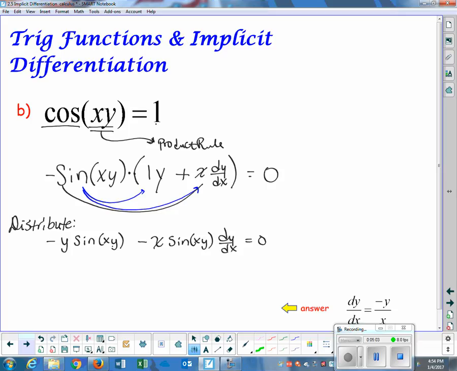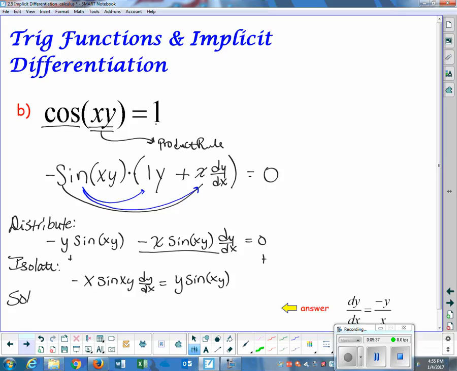Now let's isolate our dy dx terms. So since this is subtraction, we're going to add it to the other side. So on the left, it's going to leave me negative x sine of xy dy dx, and that's going to equal, we'll plus this over, we're going to get y sine of xy.